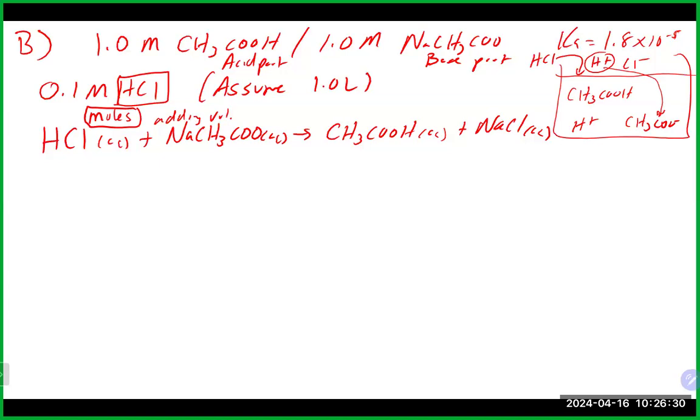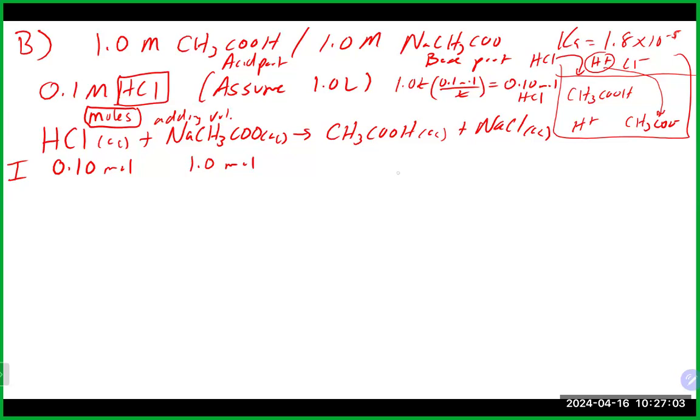Because everybody is 1 liter, that makes the moles pretty easy. Initially, from our HCl, 1 liter times 0.1 moles per liter gives us 0.1 moles of HCl. Our sodium acetate, we also have 1 liter of that, 1 times 1 is 1, which will give us 1 mole.